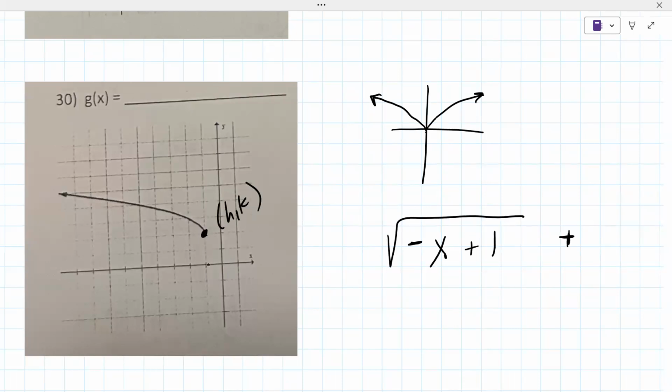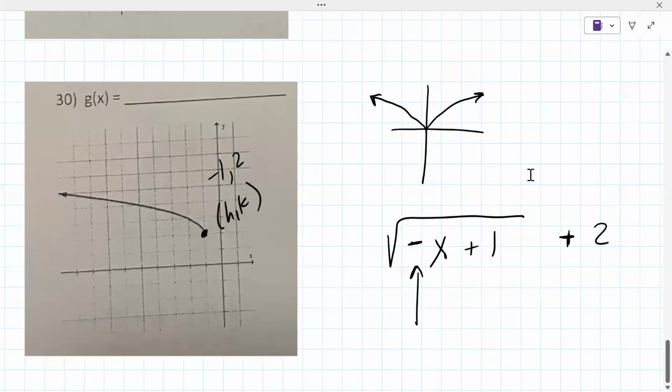And then plus 2, your HK is -1, comma 2. And that's just a tiny little thing to remember, that it's easy to put that in the wrong spot.